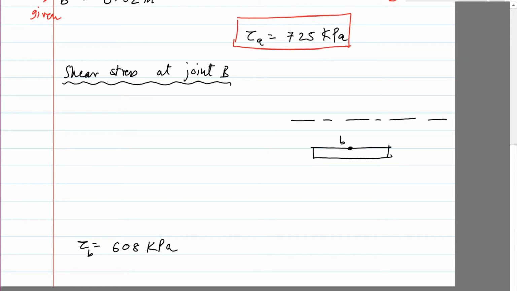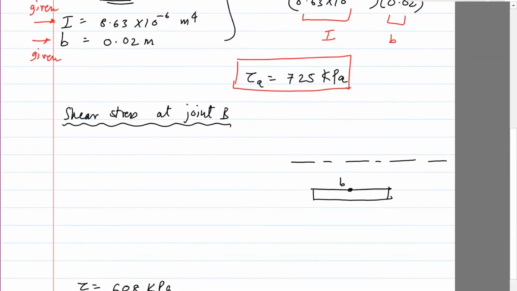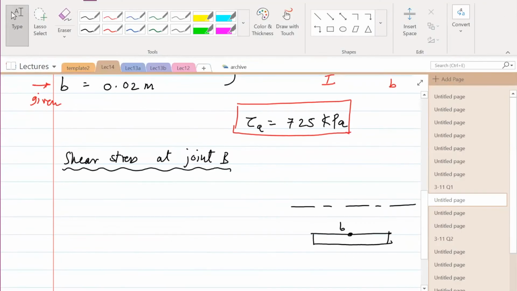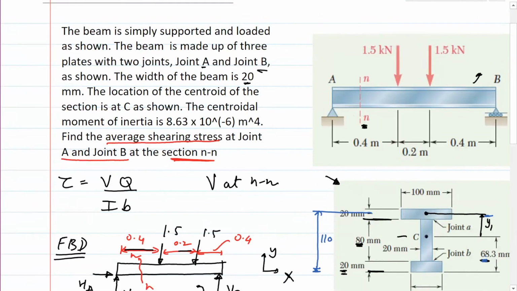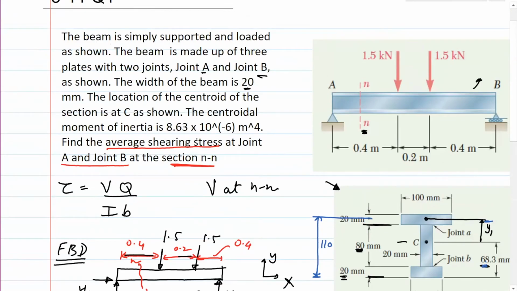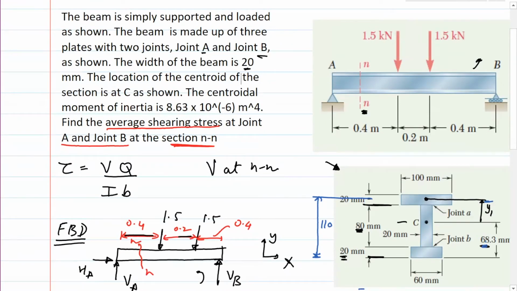Yeah, question. That's what is given. It's the inertia. It should be the same. Sorry, it's the inertia of the combined thing.